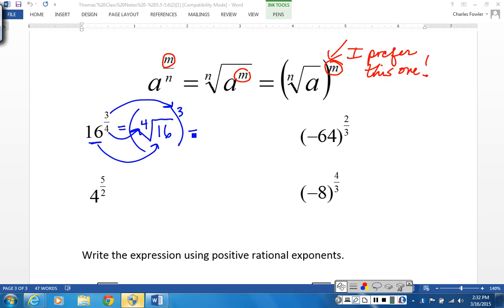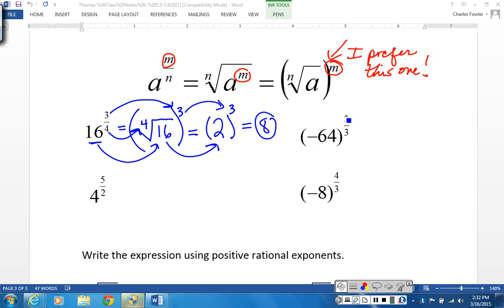Okay? So what is the 4th root of 16? It's actually 2, but we still have that cube, right? 2 cubed equals 8. So that's how you will simplify this type of problem.